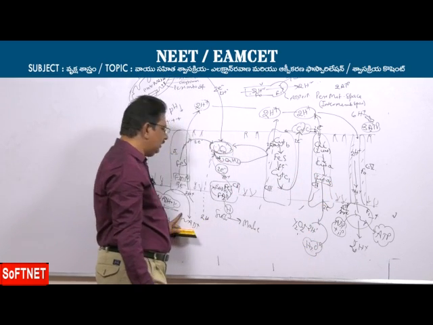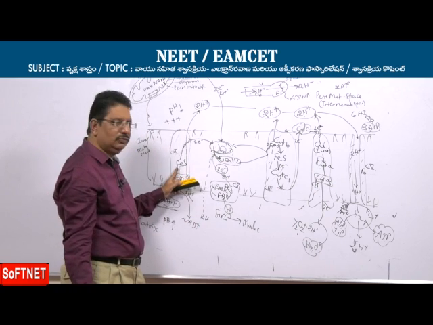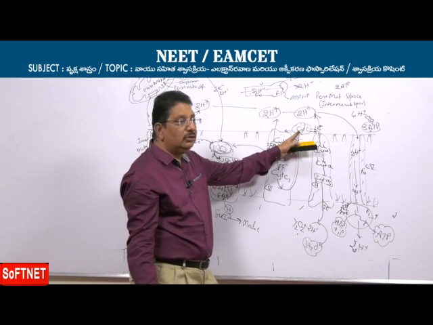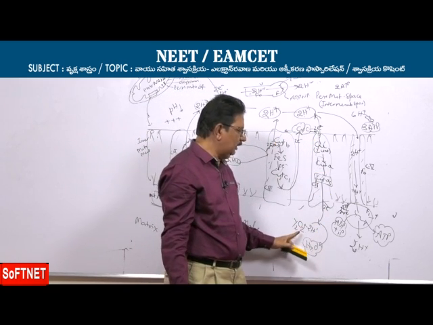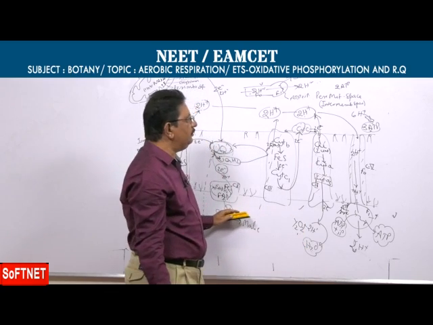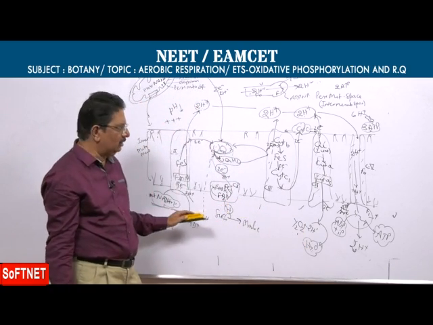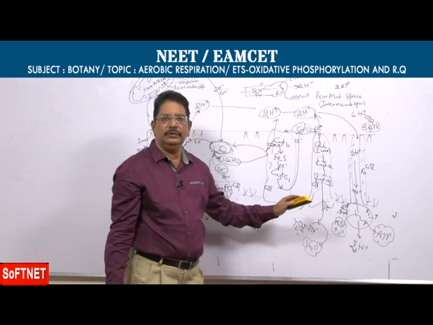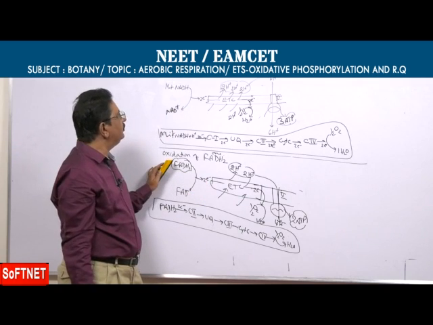But mitochondrial NADH oxidation starts with complex 1, ubiquinol, complex 3, cytochrome C, complex 4 and oxygen. So, different types of reduced coenzymes' oxidation yield different amounts of ATP. So, a brief summary of this oxidation.